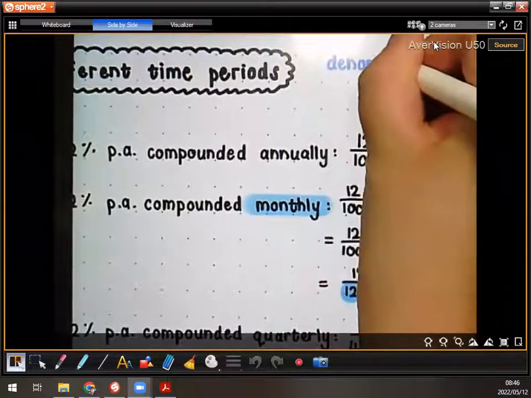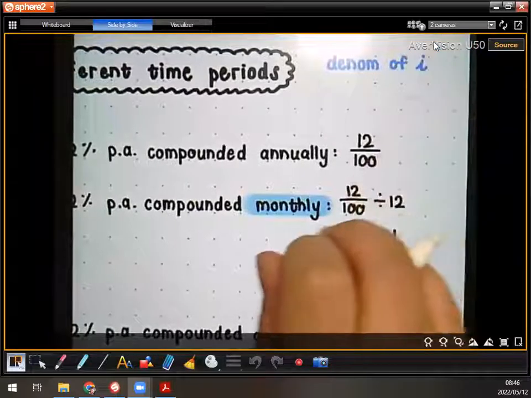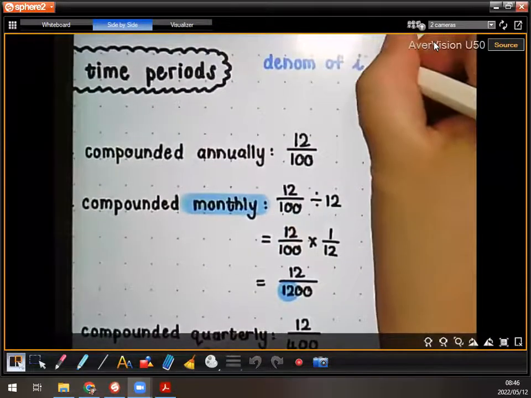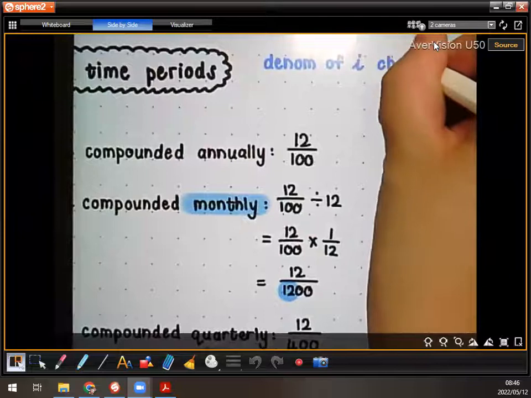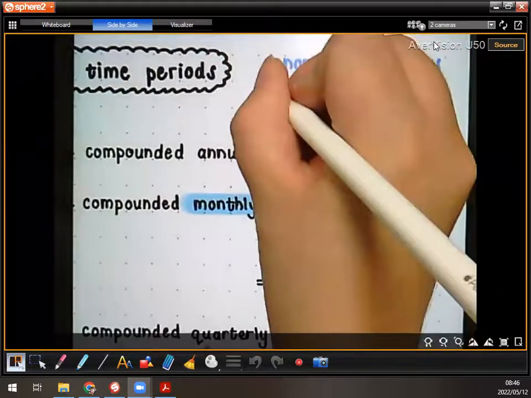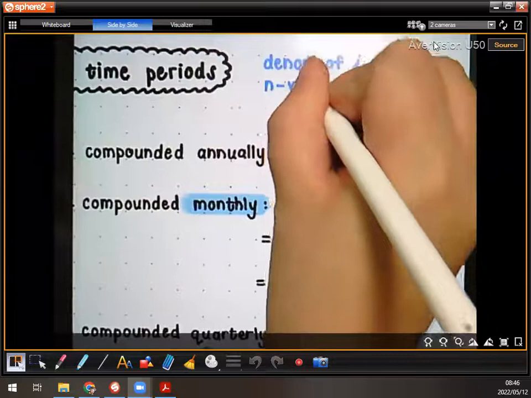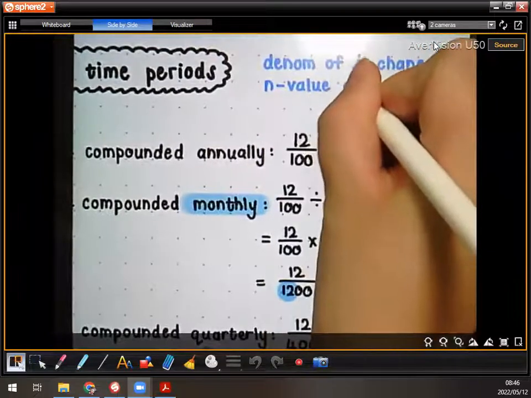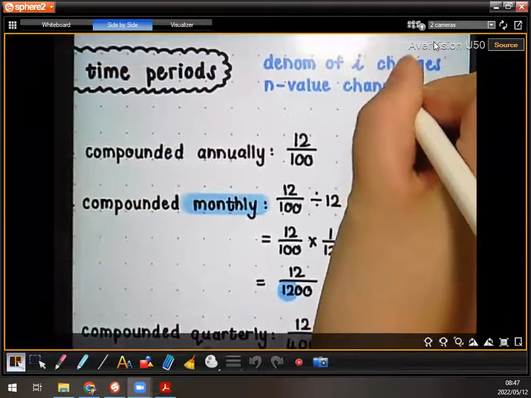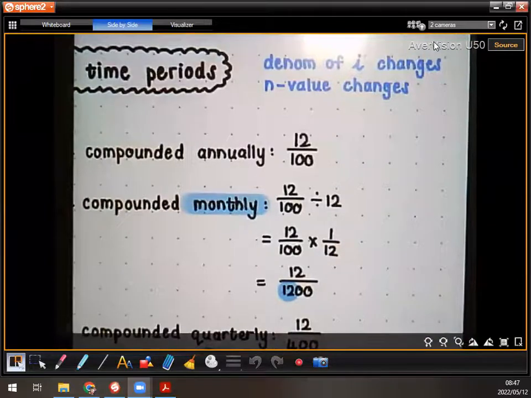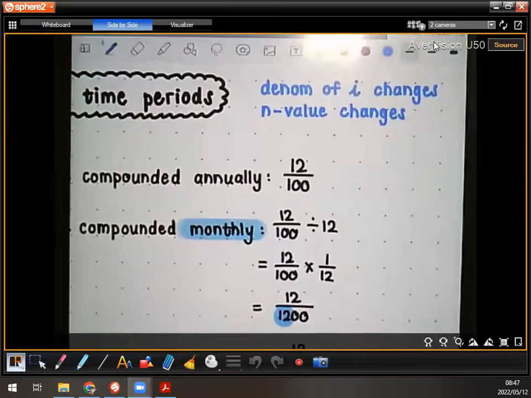The denominator of i changes and your n value changes. So that is what is different when we have a different time period. Apart from that, it's exactly the same. We use the same formulas, we use the same way of calculating. They can also ask you to calculate P, to calculate i, to calculate n. You would use the exact same method. Just those two things. That's it.